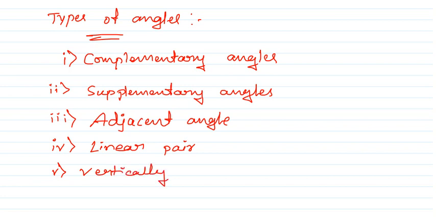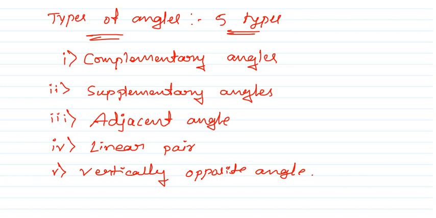So we can see types of angle, that is 5 types. First one is complementary, supplementary angle, adjacent angle, linear pair, vertically opposite angle. Clear? So now let's discuss in detail about these types of angles.